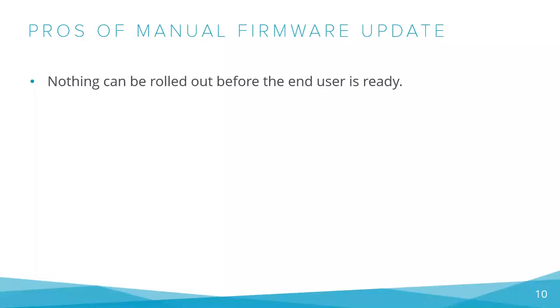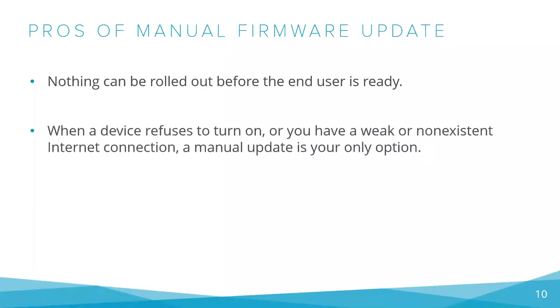This can be crucial in situations where the device must always operate in a stable and in a predictable manner. The another benefit or pros of manual firmware update is, in certain situations, for example, when a device refuses to turn on or you have a weak or non-existing internet connection, then your manual firmware update is the only option to overcome the OTA firmware update.